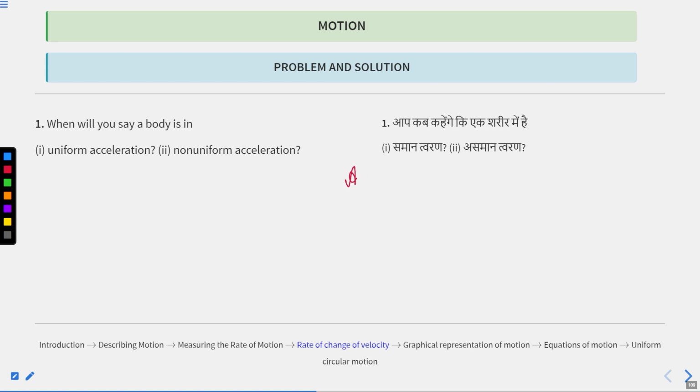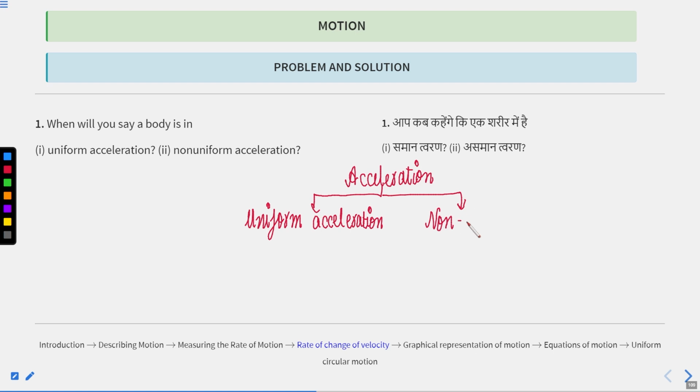So in last class, I told you that acceleration is divided into two parts. One is uniform acceleration and the other one is non-uniform acceleration.